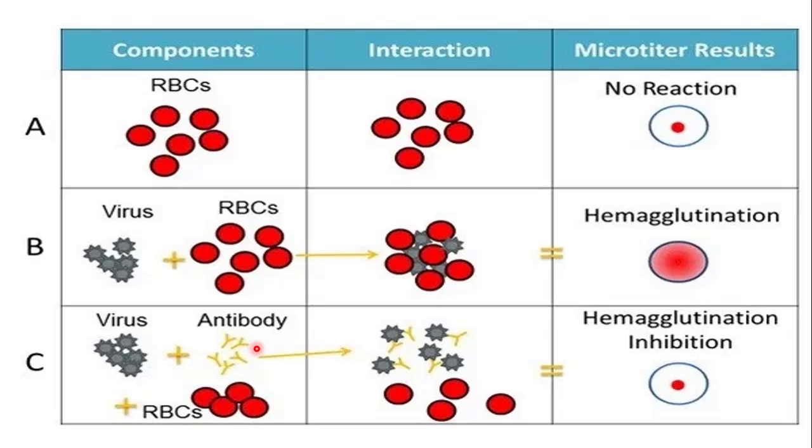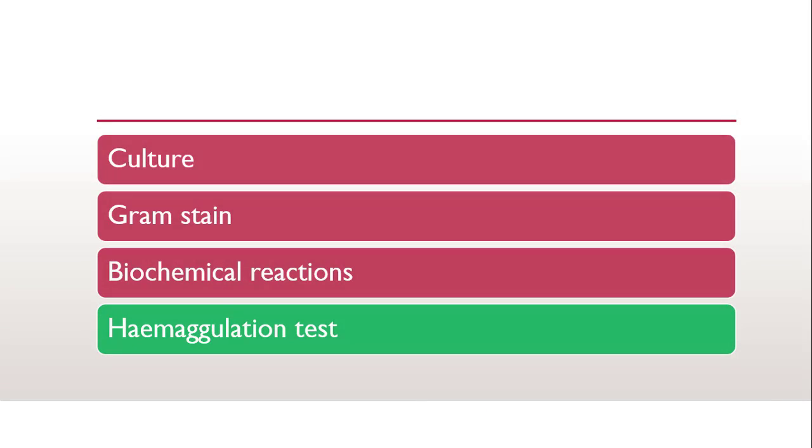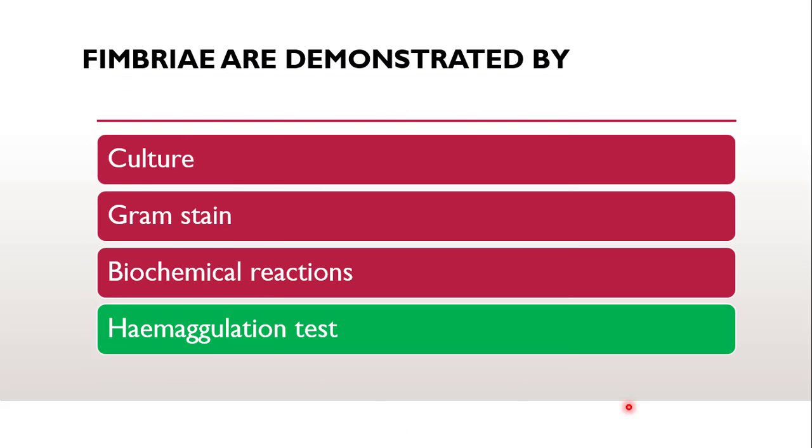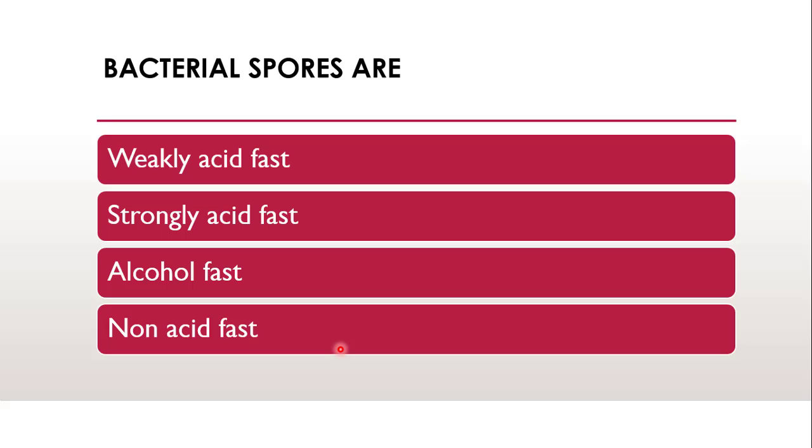Antibodies, which are also known as immunoglobulins, are large Y-shaped proteins, and this antigen antibody complex will give you the results. This way hemagglutination is nothing but accumulation or adhesion of RBCs which will give you the visible result. The correct answer for this is the hemagglutination test. So fimbriae can be demonstrated by hemagglutination test.